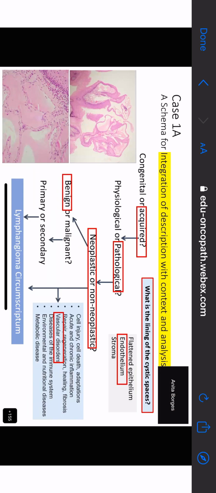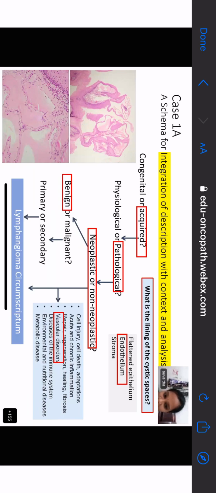Okay. So, Sweta, you agreed that this is an endothelium. Yes, ma'am. What was your diagnosis, Sweta? I thought it was a mucocele, ma'am. You thought it was a mucocele. All right. Now you know that it is not a mucocele. Why? The lining of the space is endothelium.